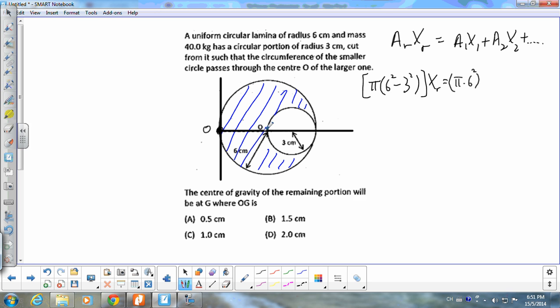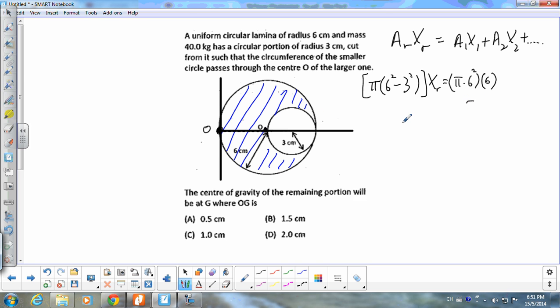Definitely at the center. How many cm is the center away from our reference 0? Here's our reference, here's the CG for the big area, so the distance will be 6 cm. So X1 is 6 cm. In this case, can we still use plus? Cannot. We must use minus, because we want to minus this away.